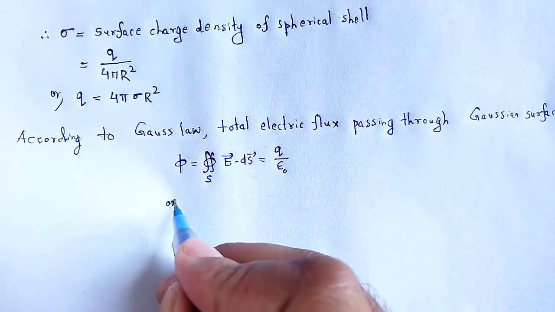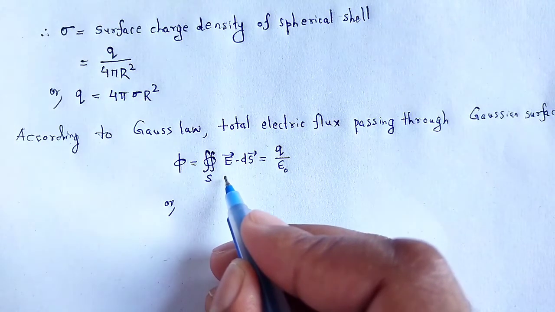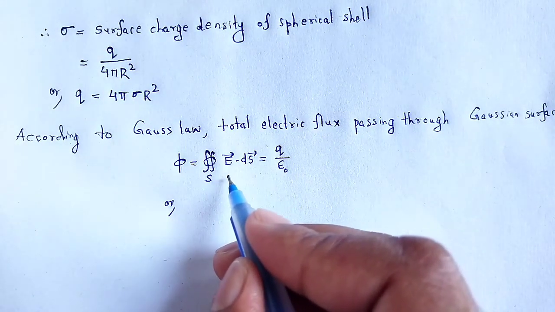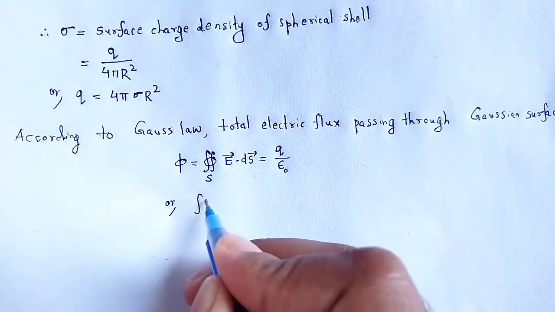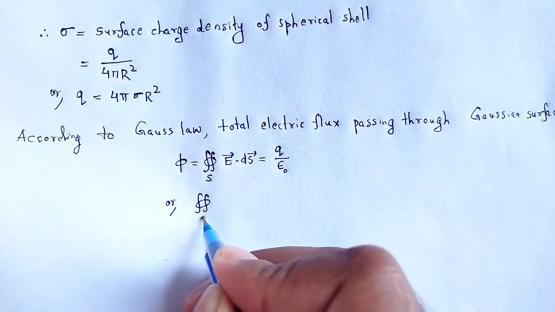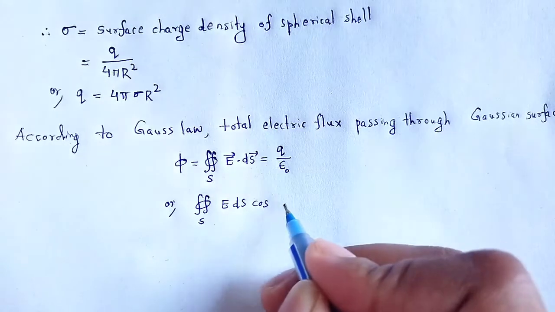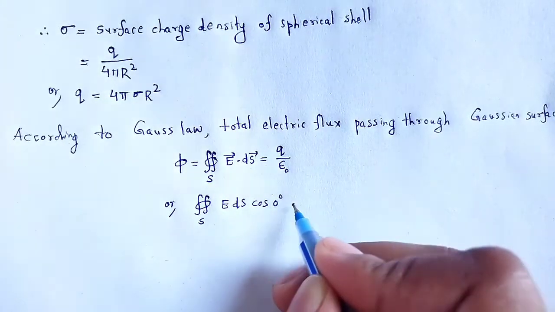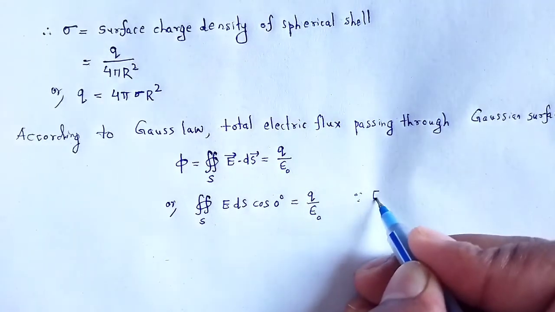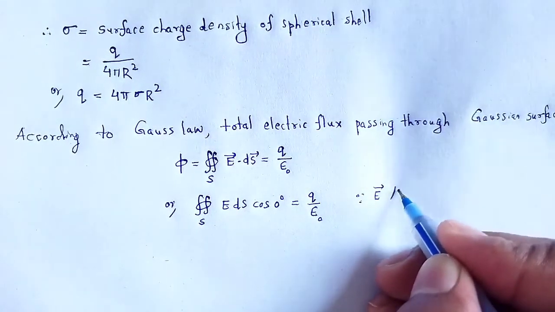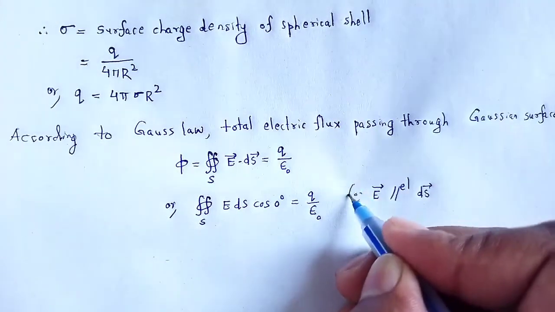Therefore, the closed surface integral over S of E ds cos 0 degree is equal to Q by epsilon naught, as E vector is parallel with ds vector.